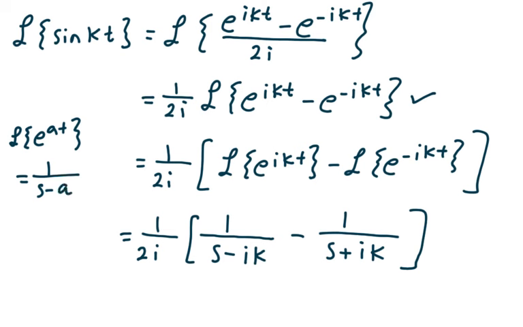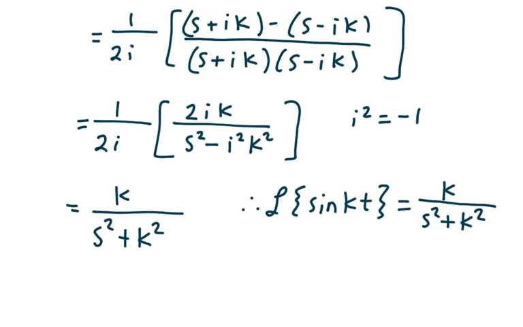And notice the coefficient of t is ik. That's my a. So I get 1 over 2i times the quantity 1 over s minus ik minus 1 over s plus ik. So you can think of subtracting a negative means you add. Now I get a common denominator.